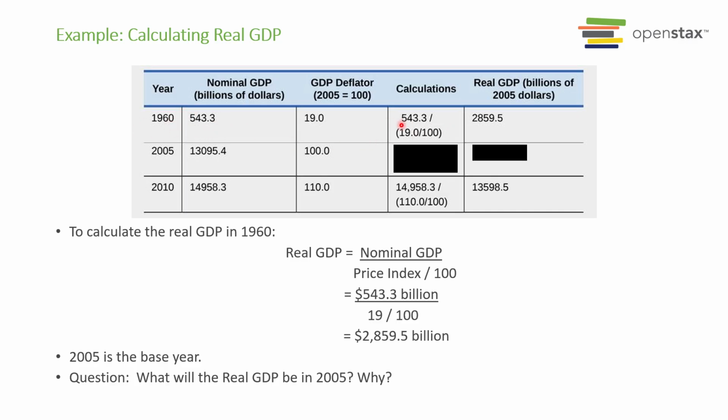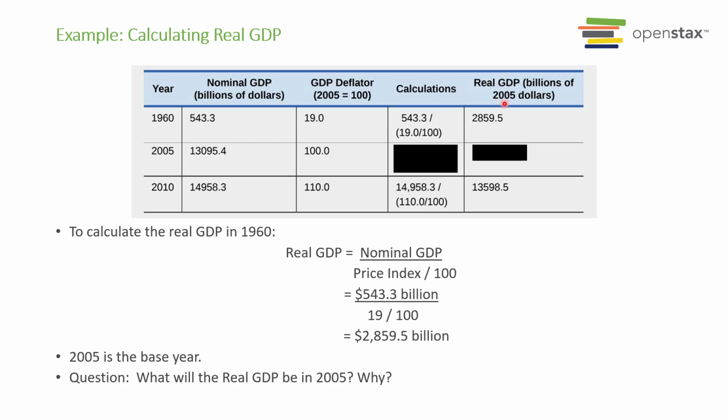Well, if you remember, it's going to be nominal GDP divided by the price level over 100, right? And when we do that, we actually get 2,859.5 billion, or almost $3 trillion.